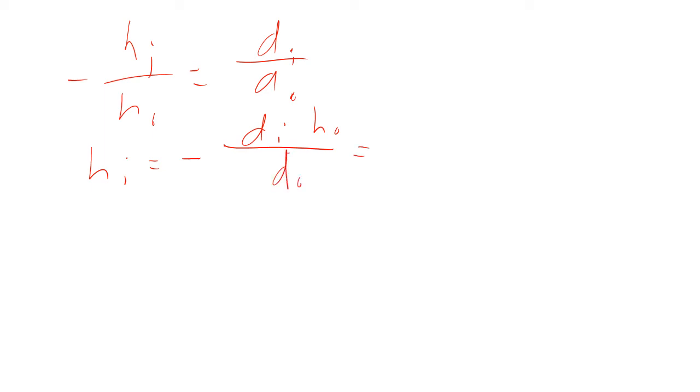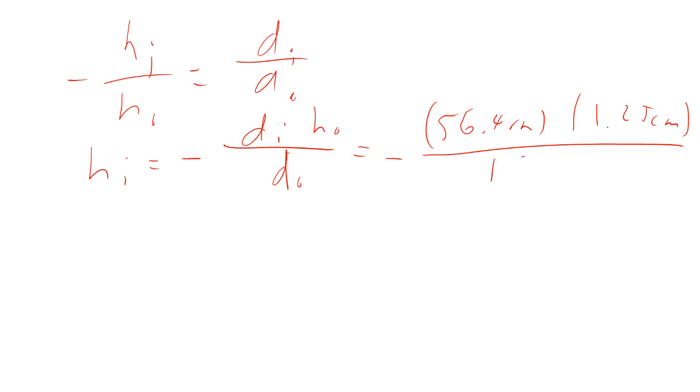So that's going to be minus 56.4 centimeters times HO, which we said was 1.25 centimeters tall, and then divide by DO. DO was 18.8 centimeters.